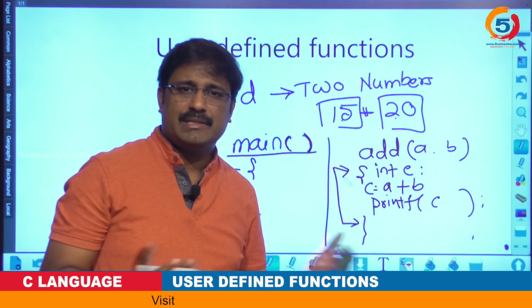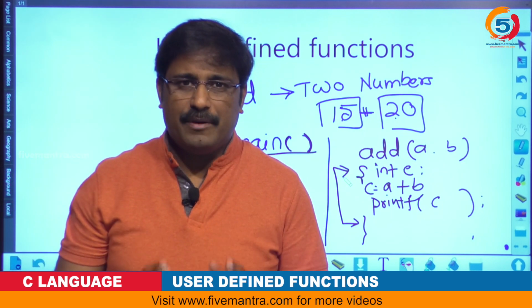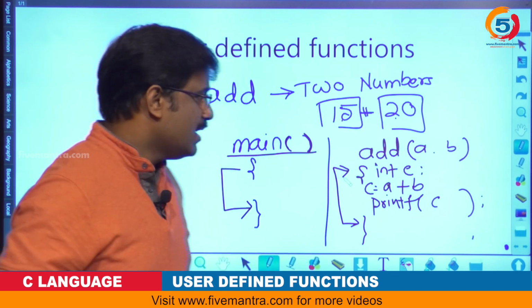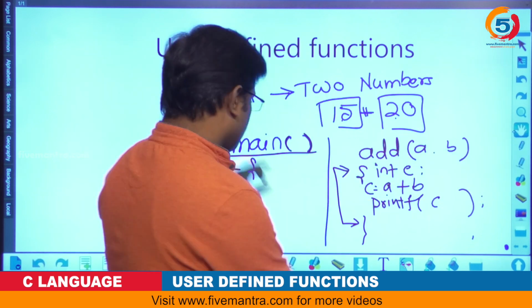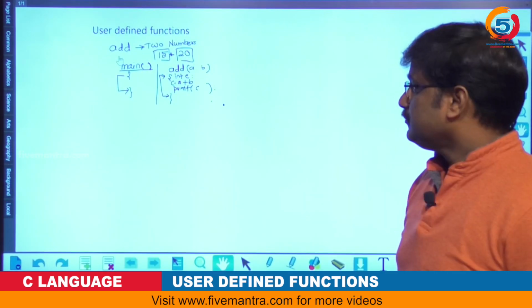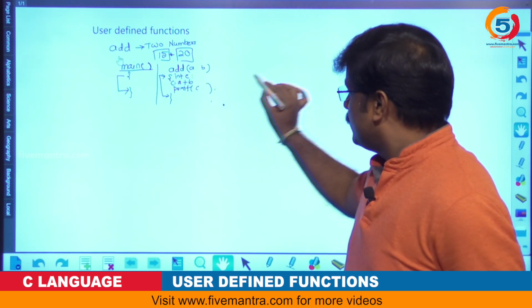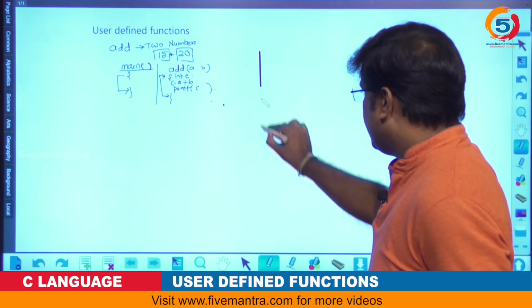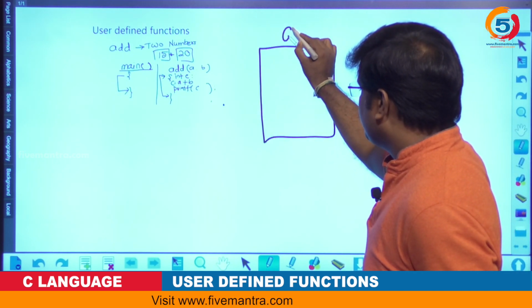What are the types of the two numbers? Because the C language only knows your data type, and with the help of that only it will allocate the memory. This is another resource, right? Memory is another resource. Whenever I am doing this, one memory is allocated for my main function.